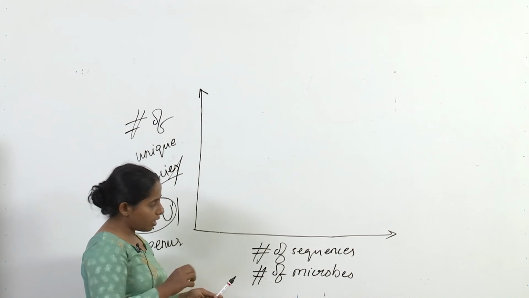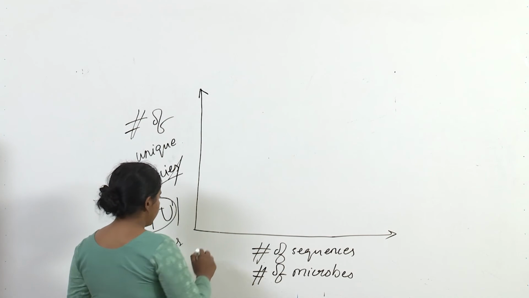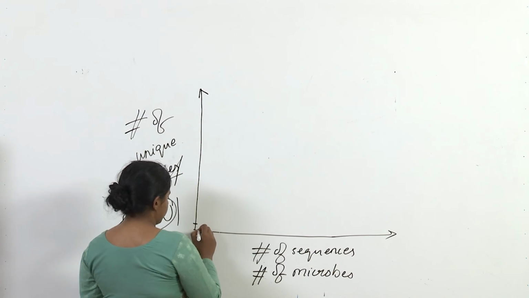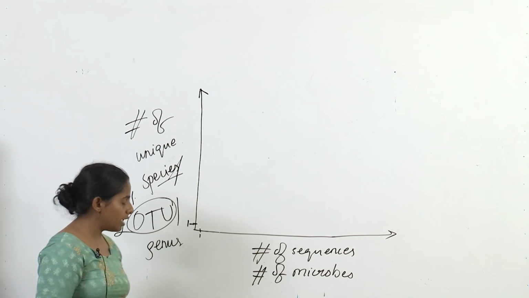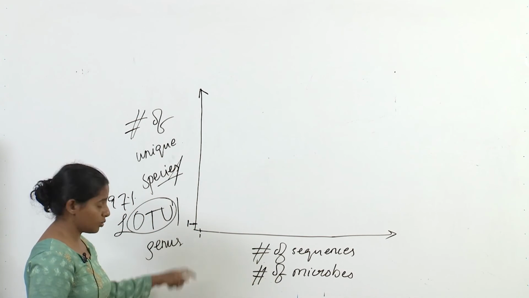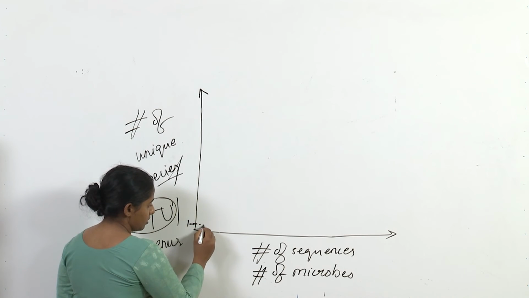So let us say I pull out sequences or microbes from my proverbial bag, and I get one unique sequence. Of course, when I pick out my first sequence and then I pick out another, I get the same sequence. So I pick out another, but I still have the same sequence, alrighty.